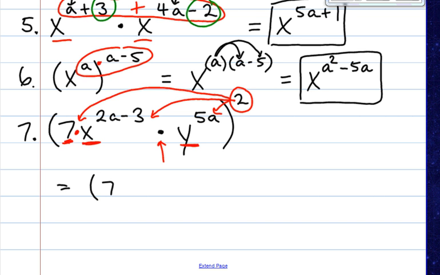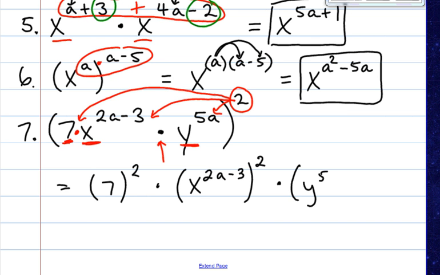We have the 7, and I like to separate each of my parts of the product with parentheses. So the first thing's the 7, that gets squared, times my middle term, x to the 2a minus 3. You see all of that's in parentheses. That gets squared. And then the last thing, the y to the 5a, that gets squared as well.